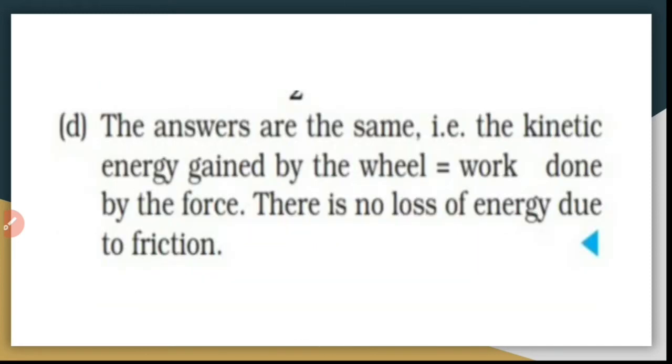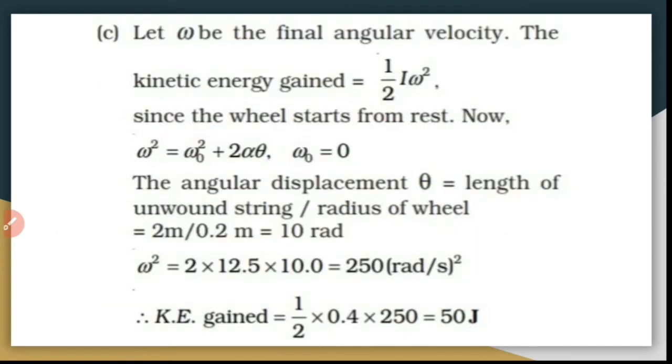Now coming to the third part, we are asked to find kinetic energy. We are assuming omega to be the final angular velocity, and it's given that it starts from rest, so initial angular velocity omega 0 equals 0. The expression for kinetic energy is half I omega square.